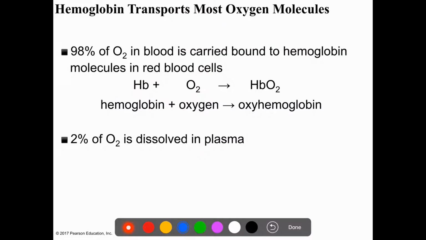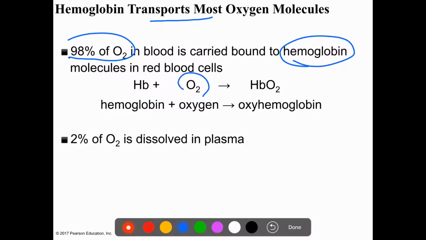Now, another concept of the respiratory system is its ability to transport oxygen and CO2. If you remember, we talked earlier that blood transports oxygen and CO2 throughout the body, and that the blood cells contain hemoglobin that is responsible for binding 98% of the oxygen and transporting it through the body.